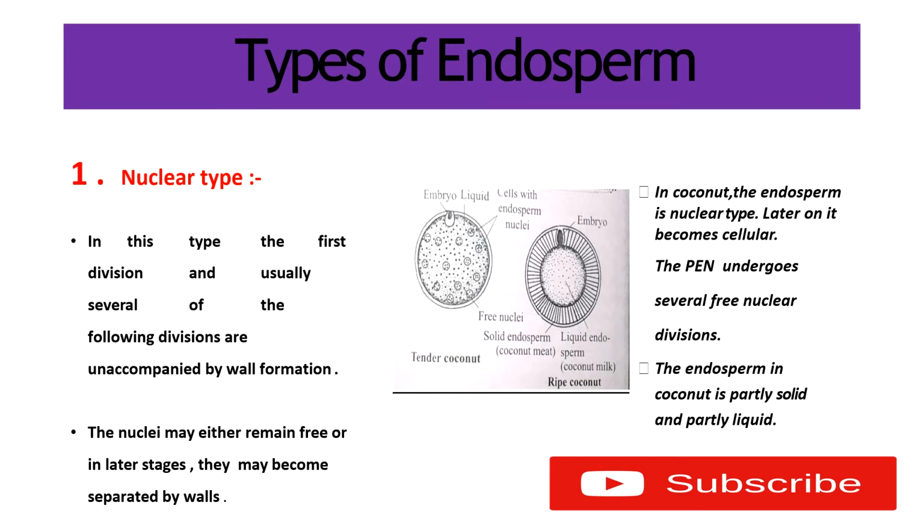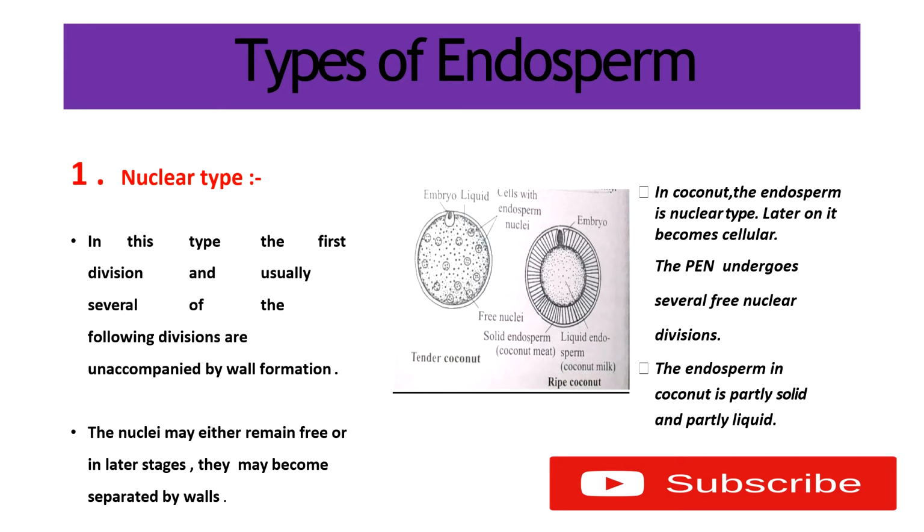Later, as the tender coconut matures, the coconut water progressively forms a solid state. Once cell wall formation progresses, it becomes more and more solid, that is, cellular.